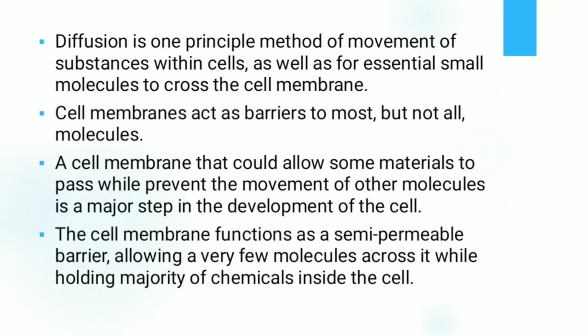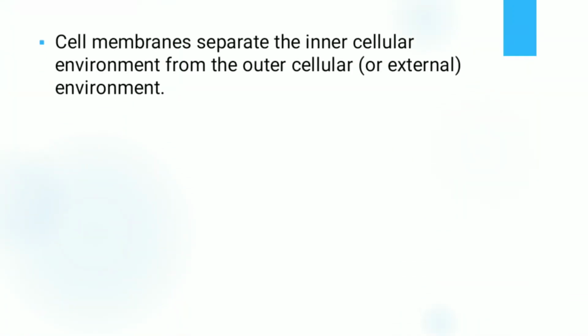The cell membrane functions as a semi-permeable barrier allowing very few molecules to cross it while holding the majority of chemicals inside the cell. We can say that the cell membrane separates the inner cellular environment from the outer or external environment.